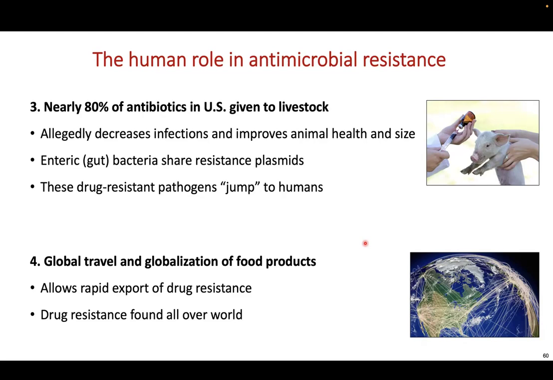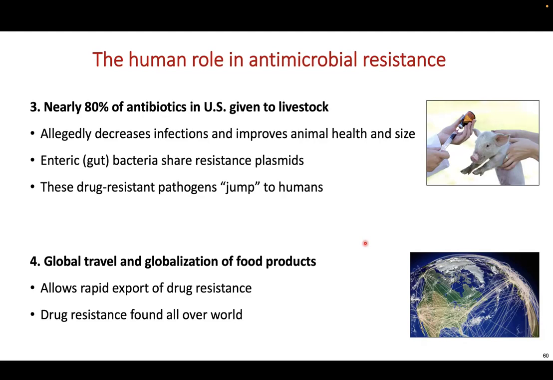At the end of the day, we end up eating these animals, and sometimes, if we are not lucky, some of the drug resistant bacteria will end up passing their plasmid to other microbes that have the ability to jump on or co-infect both humans and animals, which means they can give us diseases.